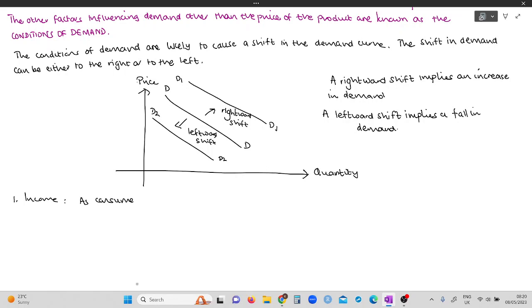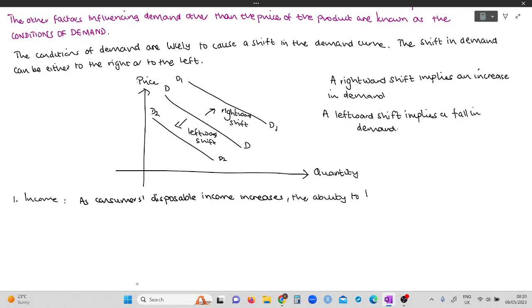Okay, so as consumers' disposable income increases, the ability to buy will increase.